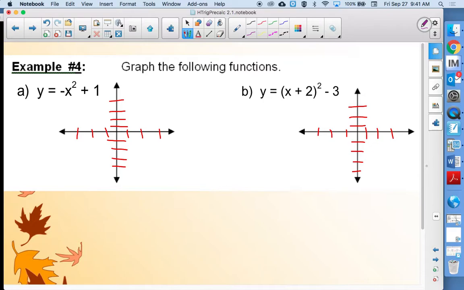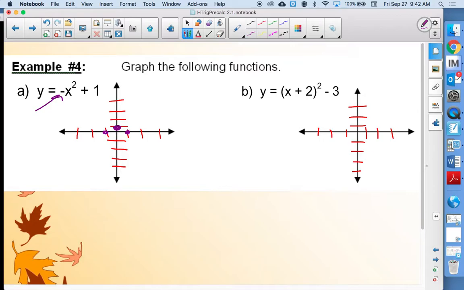So it goes up 1, and it's reflected over the x-axis. So the negative reflects it, it makes it go down. The plus 1 is moving its vertex up 1. So it's a standard equation, but going down. So if I move over 1, I go down 1. 1 squared is still 1.